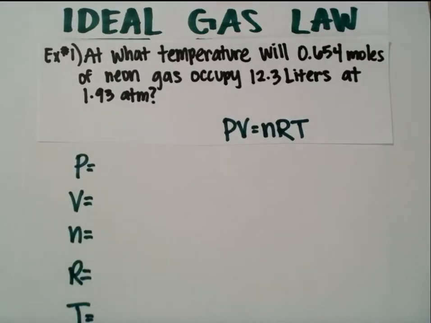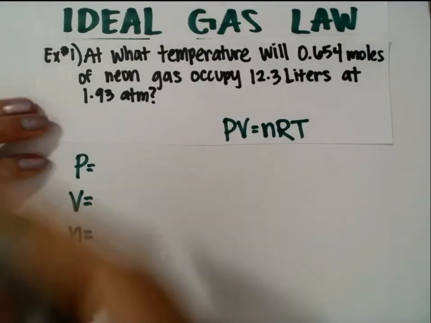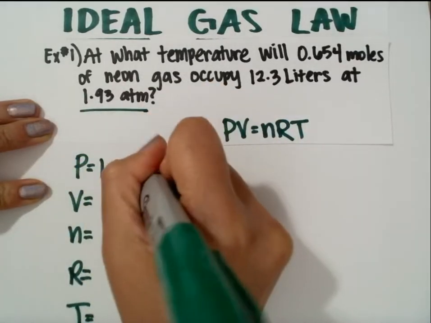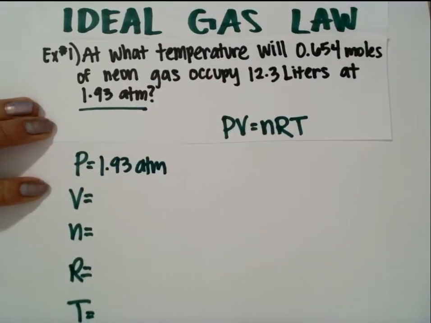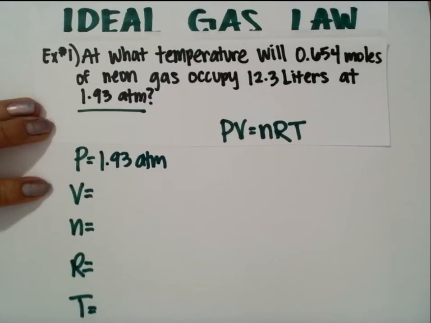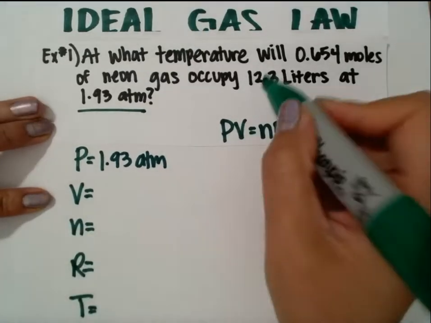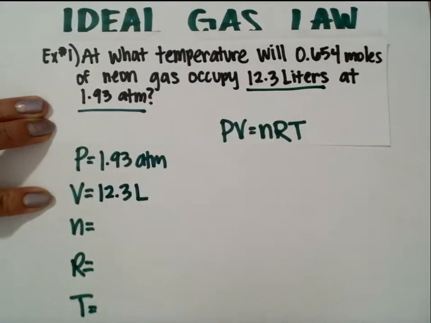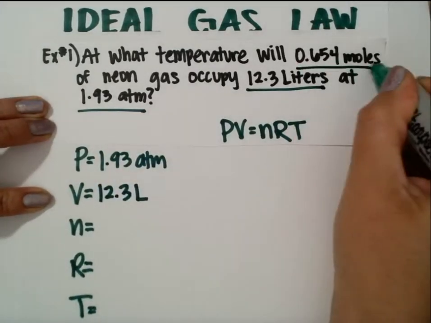So pressure is in the unit of ATM, and in our problem, it is right here, so 1.93 ATM. V is volume, so remember volume is liters, so 12.3 liters. N is moles, 0.654 moles.